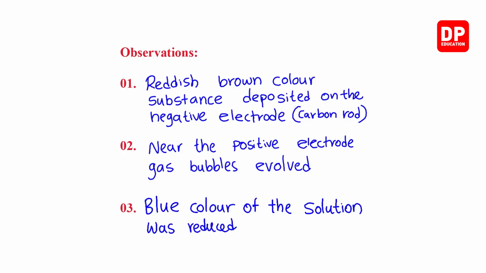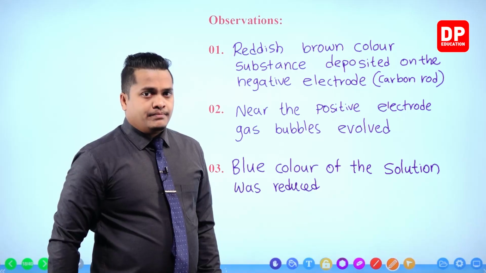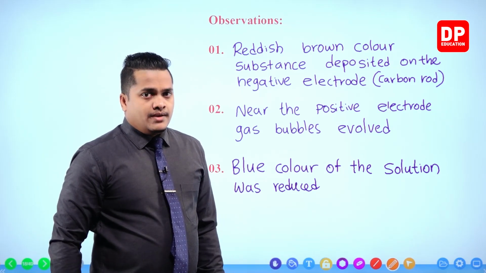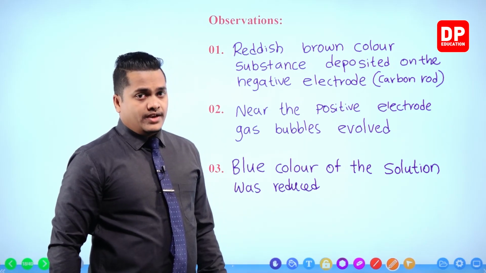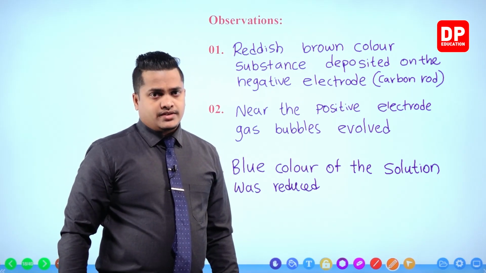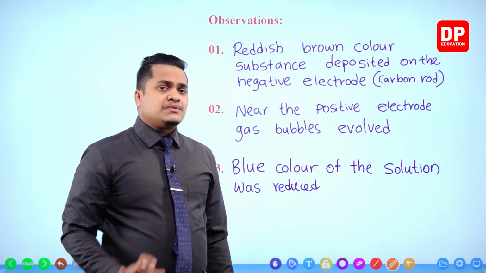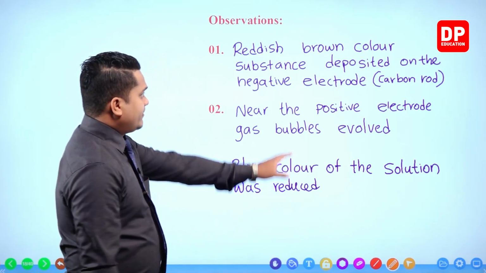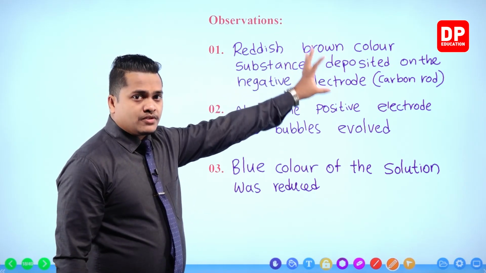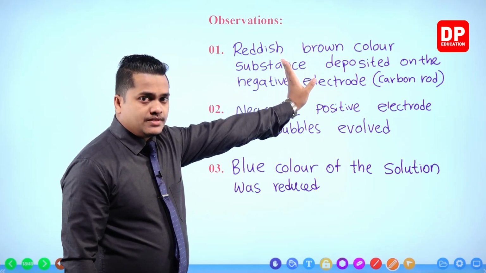These observations support that sentence, because when a chemical reaction happens, new substances are produced. If there are new substances, definitely what will happen? Some kind of deposition or else a precipitation could be observed.